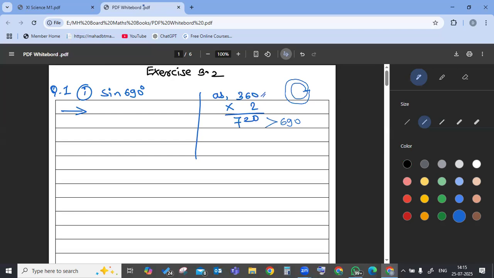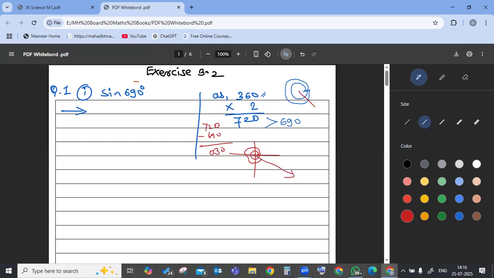And hence it is slightly less. When we try to draw this angle, we will start with the positive direction of the x-axis. We'll complete one rotation and almost complete the second rotation. How many degrees are less to complete the second rotation? Let's check that: 720 minus 690, so it is simply 30 degree less.